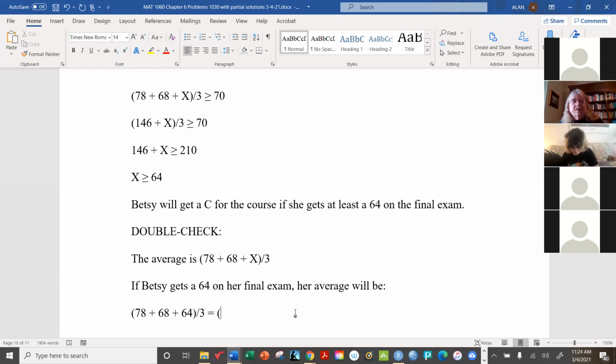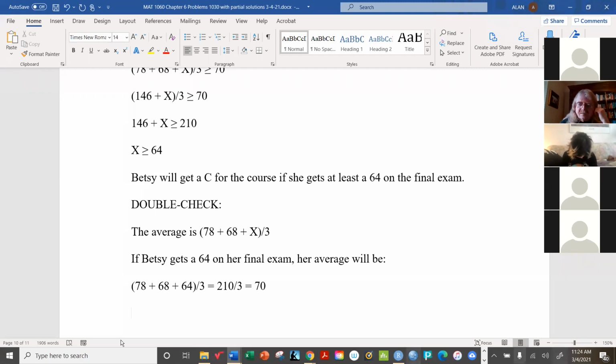If you add those up, 78 plus 68 plus 64 equals 210 over 3, which is exactly 70. All right.